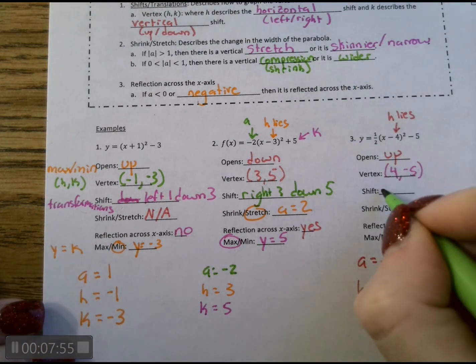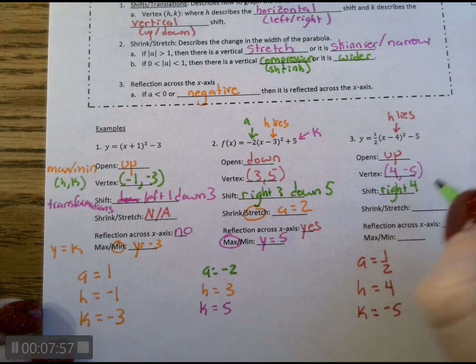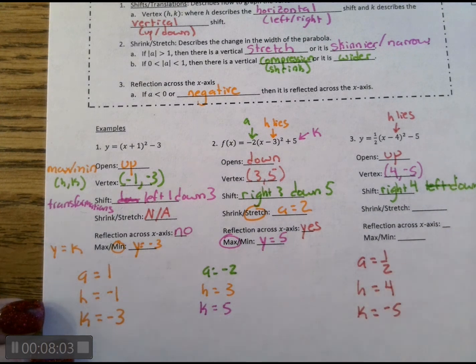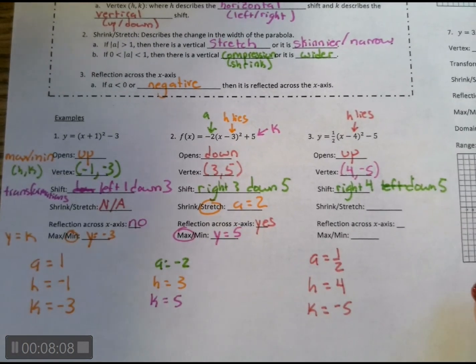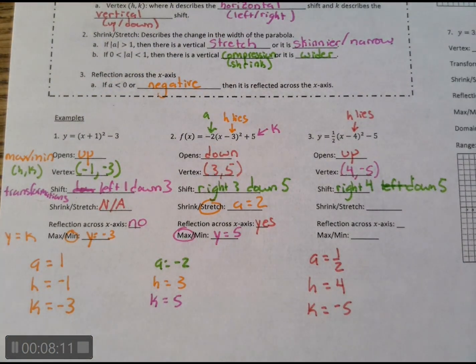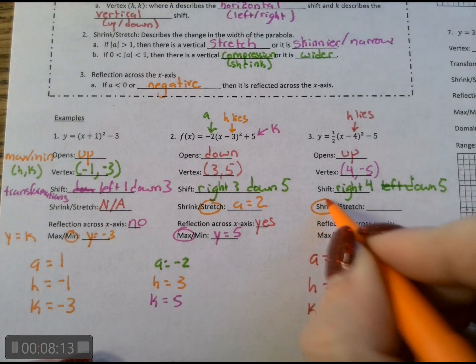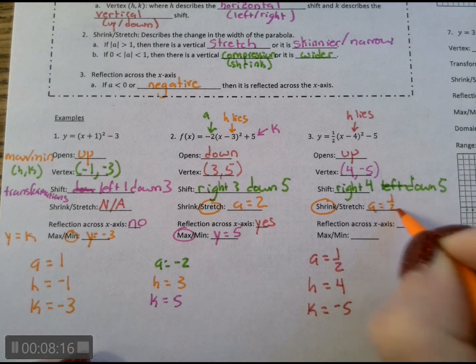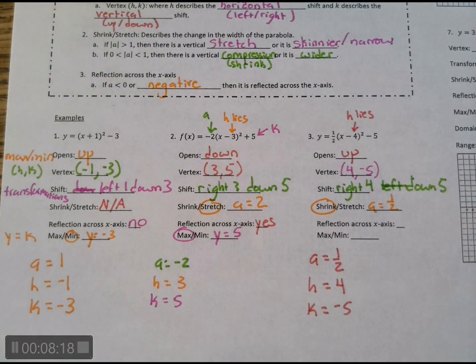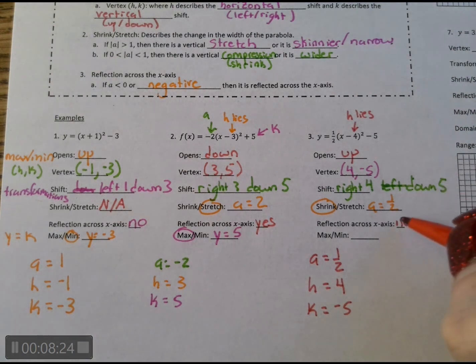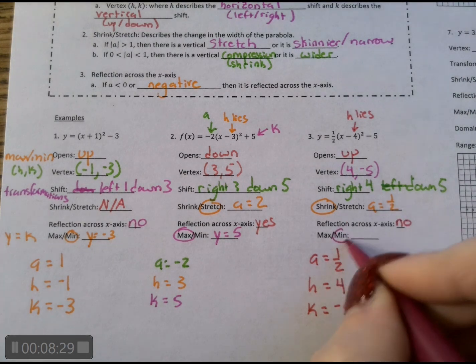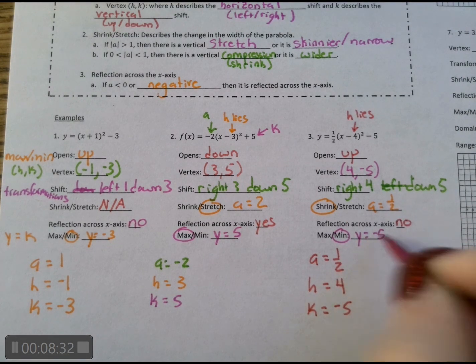Our shift is to the right 4 and down 5. And then this time it's going to be shrink because a is a fraction. There is no reflection across the x-axis because a is positive. And we have a minimum at y equals -5.